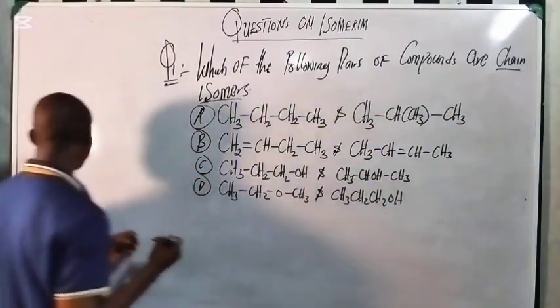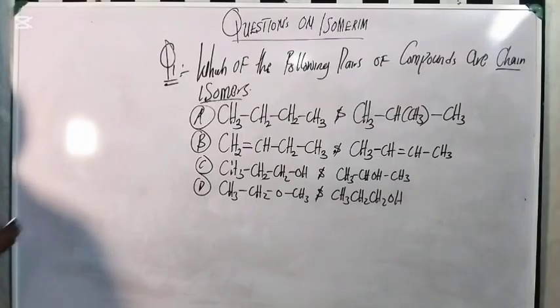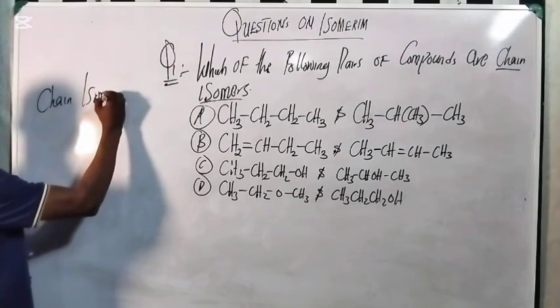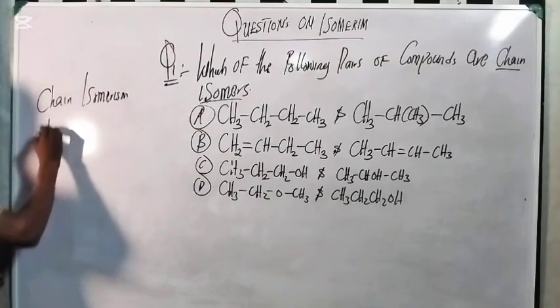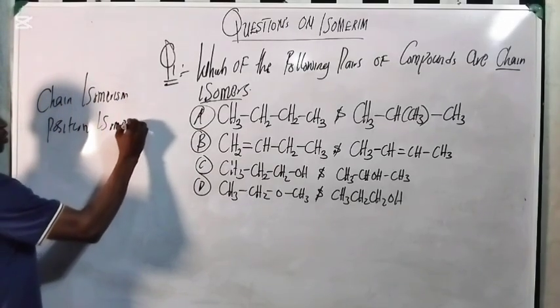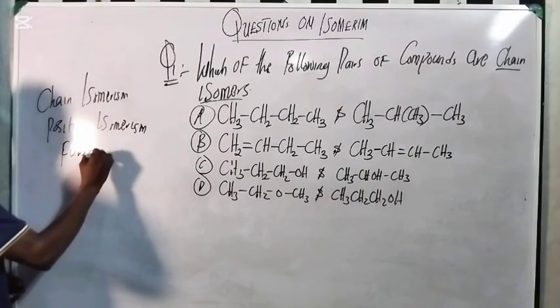Now, in the last class, we talked about chain isomers or chain isomerism, positional isomerism, and functional group isomerism.